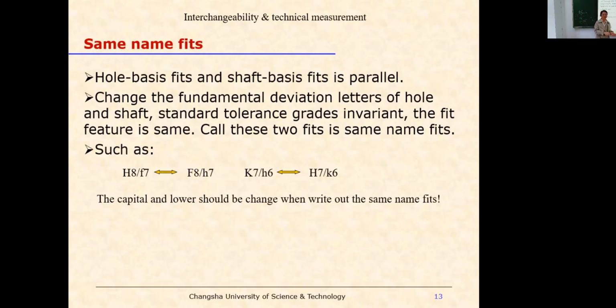If you design a batch or lot of parts where the hole tolerance is H8 and the shaft is h7, and you choose a hole and a shaft that fit together, they have the same clearance or the same interference. These two have the same tolerance.